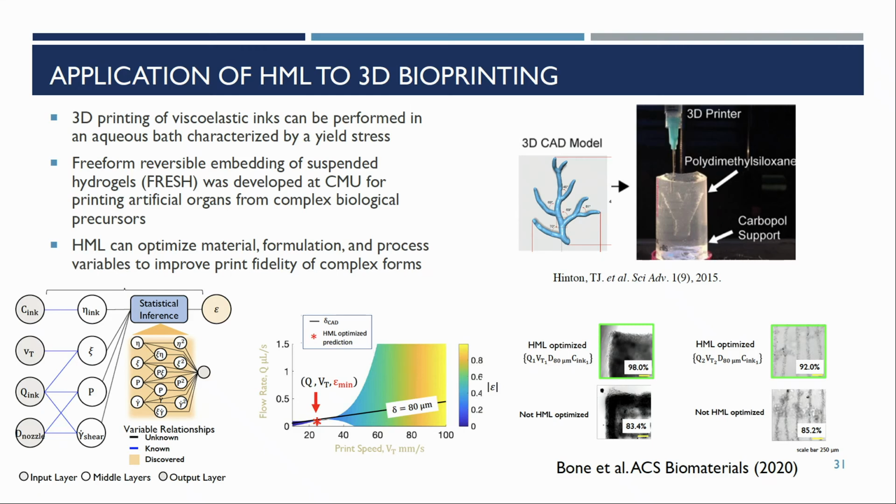What we showed a couple of years ago now was that we can start to combine these different types of variables: concentration of ink, the velocity of the needle, the extrusion rate of the ink, and the diameter of the nozzle.